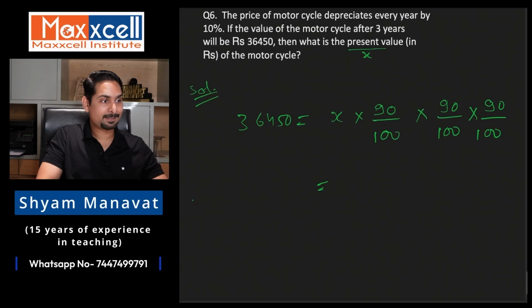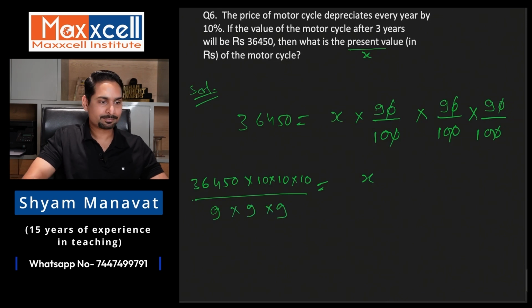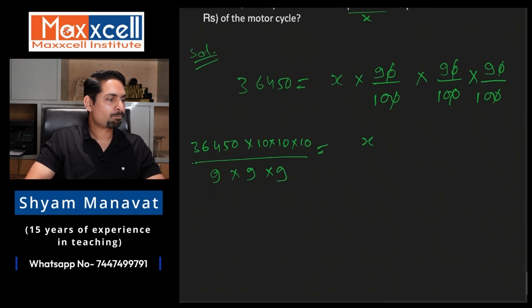Let's simplify this. The only thing you can cancel here is zeros. So x is equal to 36450 multiply by 10 multiply by 10 multiply by 10 divide by 9 into 9 into 9. Okay, now we can simplify this part.